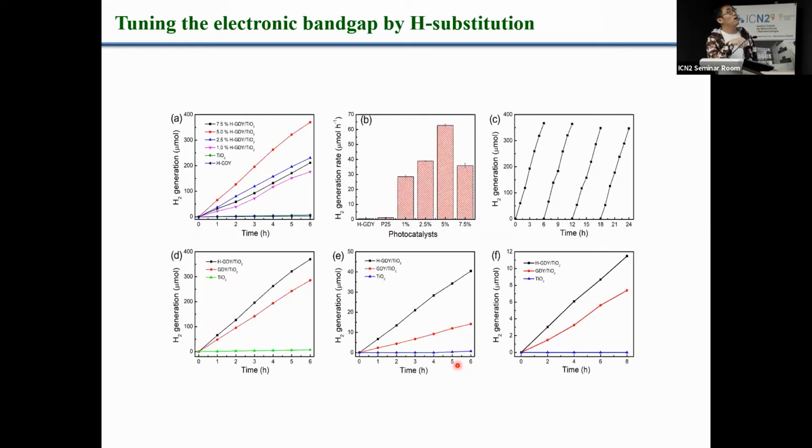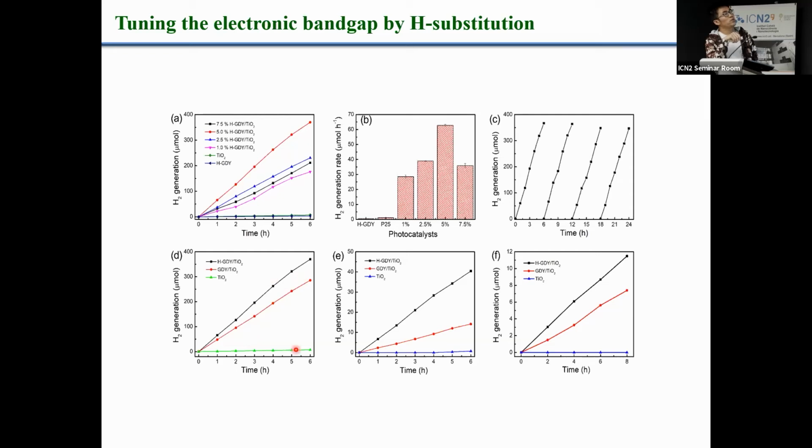And this is our photocatalytic test. We can see this is for the content optimization, and 5% is the optimum. Next we compared H-graphene TiO2 and graphene TiO2. We can see the H-graphene TiO2 shows enhanced activity.